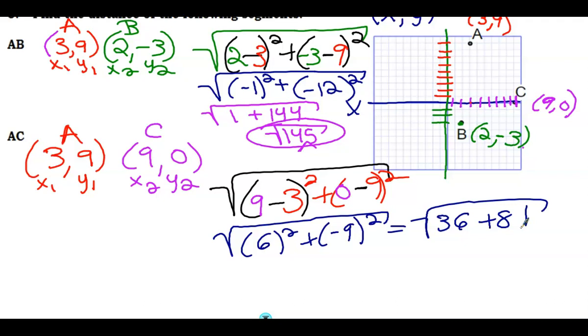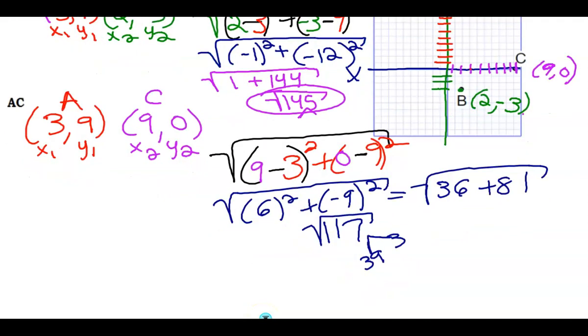So I subtracted, I squared them both, and now I'm going to add them together. So 36 plus 81 is 117. And it's an even number, so it can't go into 2. So I'm going to try 117 divided by 3, which is 39. 39 and 3. So if you ever need to pause a video, feel free to, so then you can get caught up on any of the work.